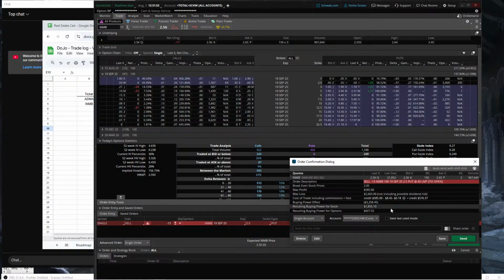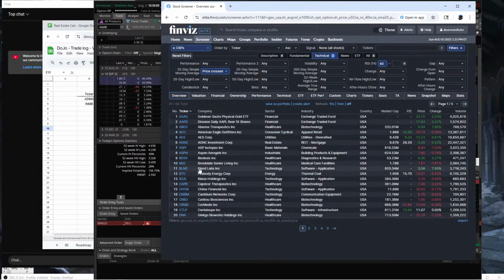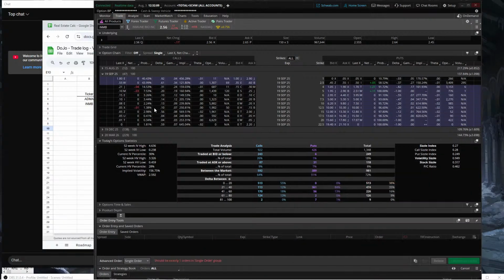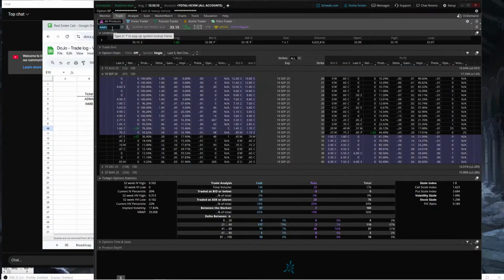Still have 927 left. You'd just be risking 32.58. It's a super risky trade, but it is what it is.